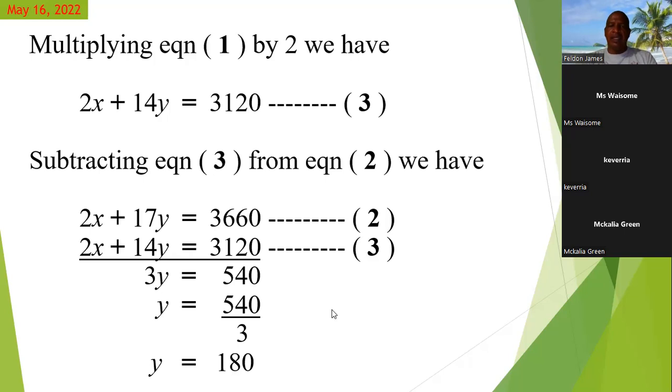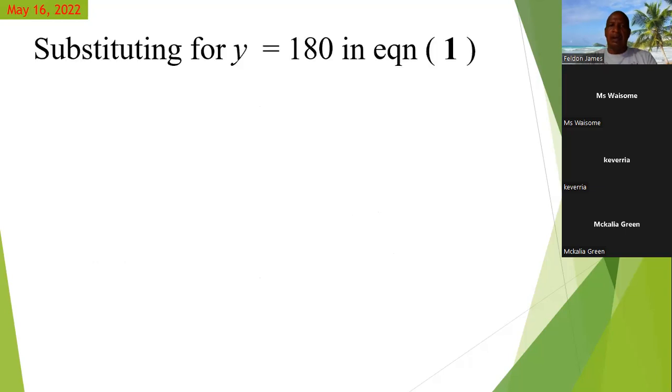Next, we try to solve for x. How do we go about this, guys? We would substitute the y value in one of the equations. Where there's y, we would put the 180, sir. Here, we're going to substitute it in equation 1, before we multiply by 2.